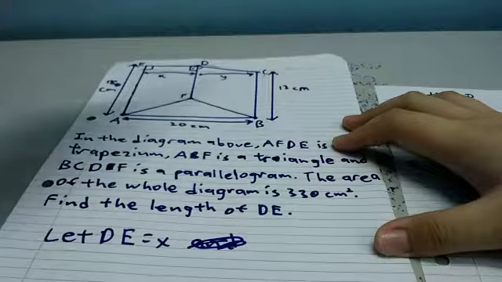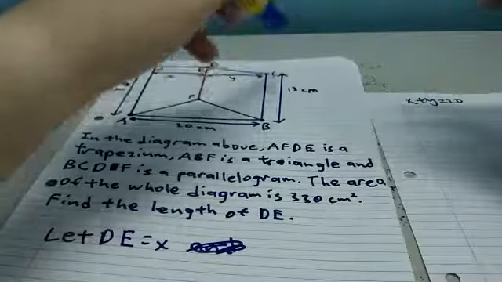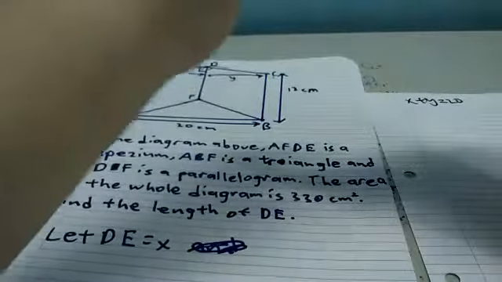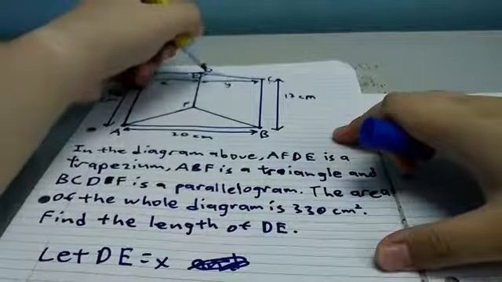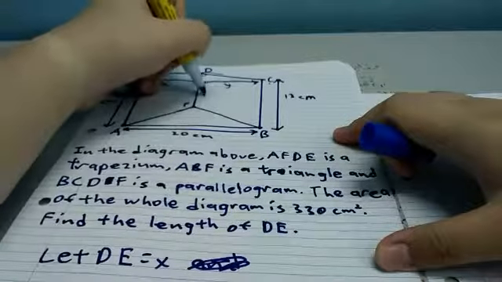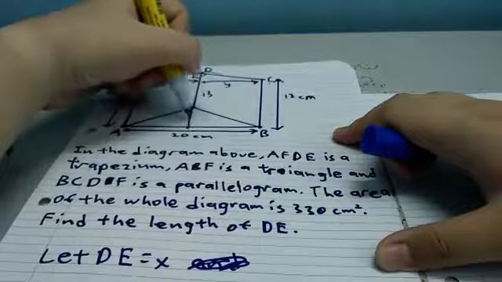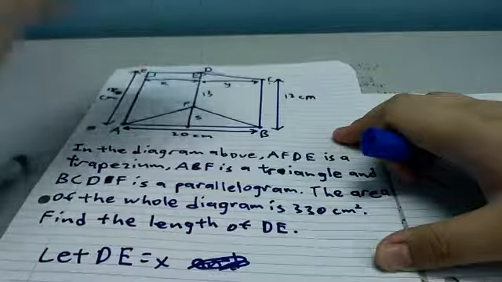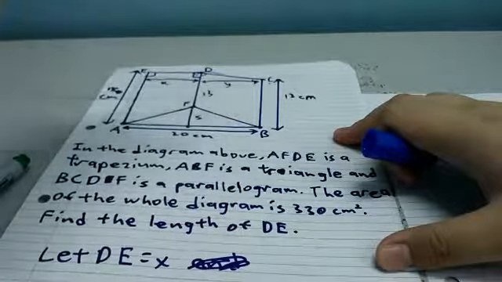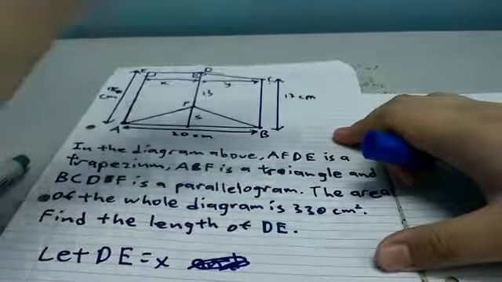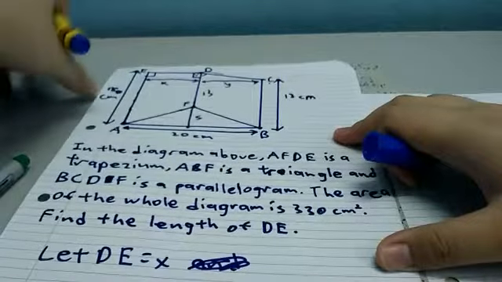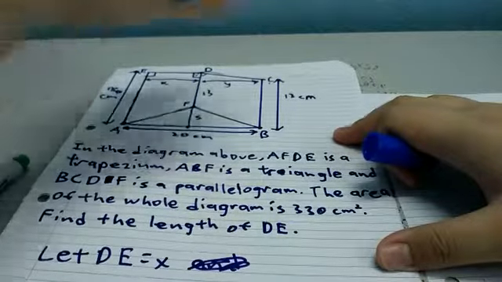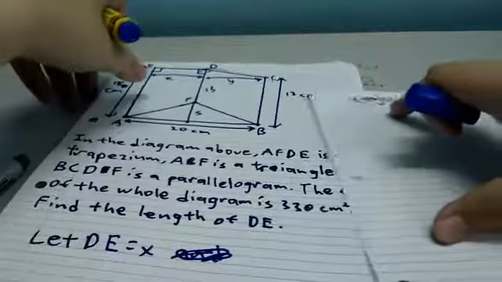Since BCDF is a parallelogram, I can conclude that the length here is also 13, and here is equal to 5 centimeters. And we have found the height of the triangle, so let's express the area in terms of X and Y.